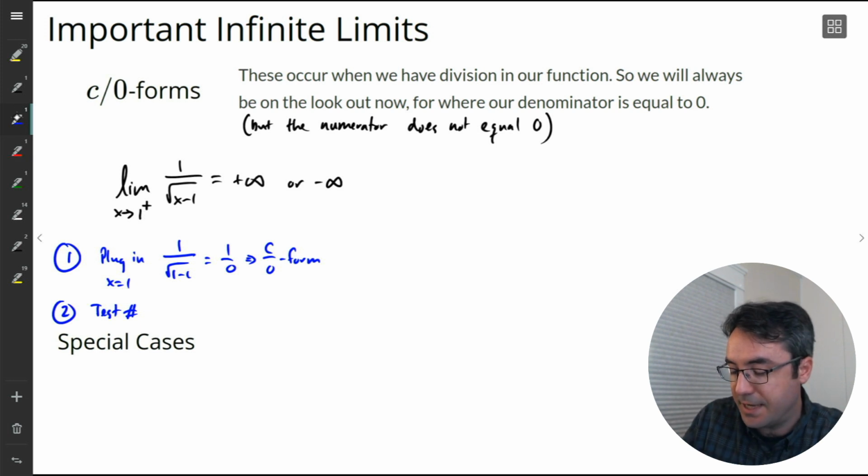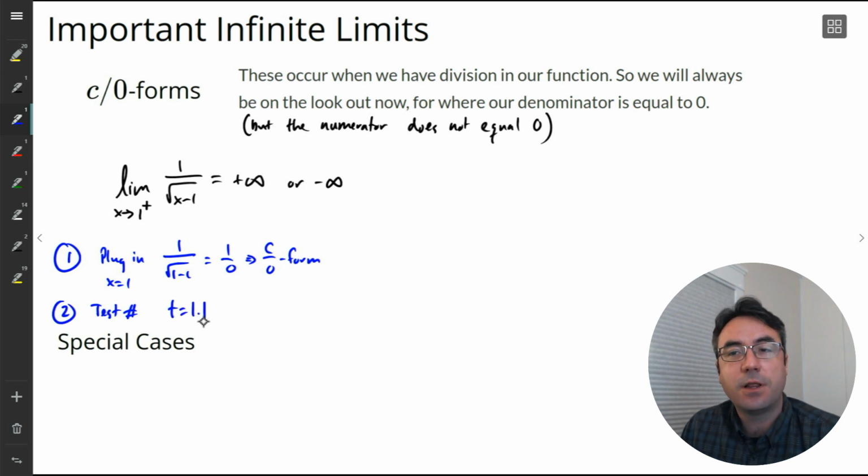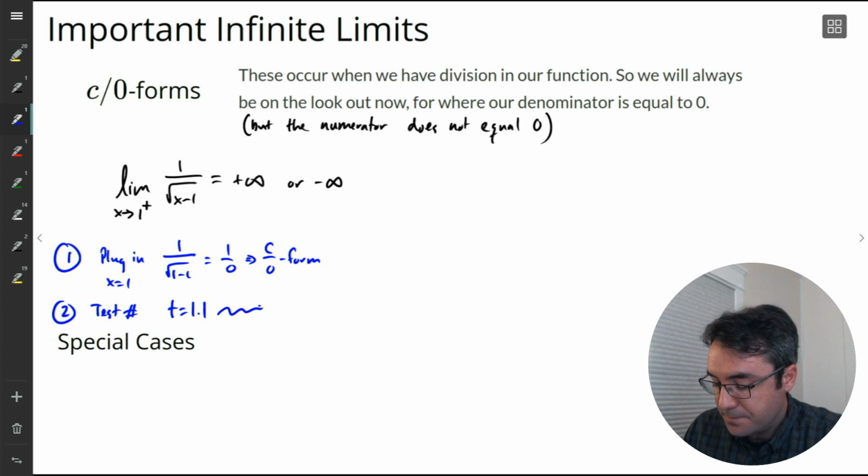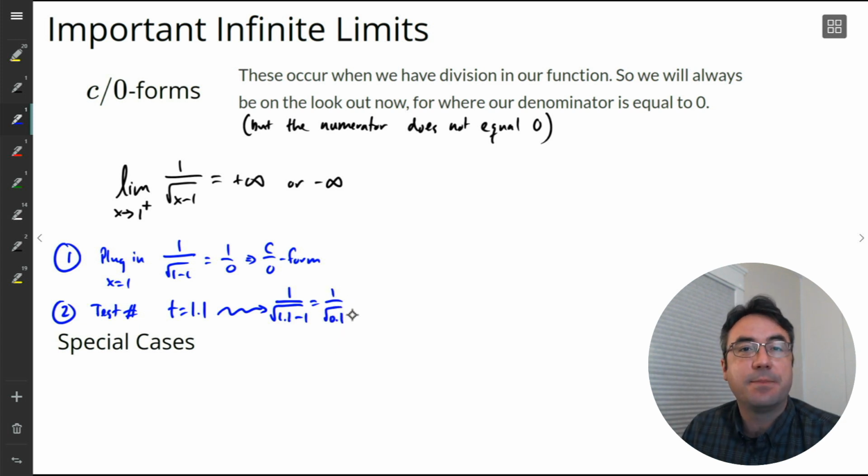So we might use a test number like t equals 1.1. It's close to 1, but just slightly bigger. We've added a little bit extra there. And then we just plug it into the function. So we get 1 over square root 1.1 minus 1, which is 1 over square root 0.1, and that's a positive number.